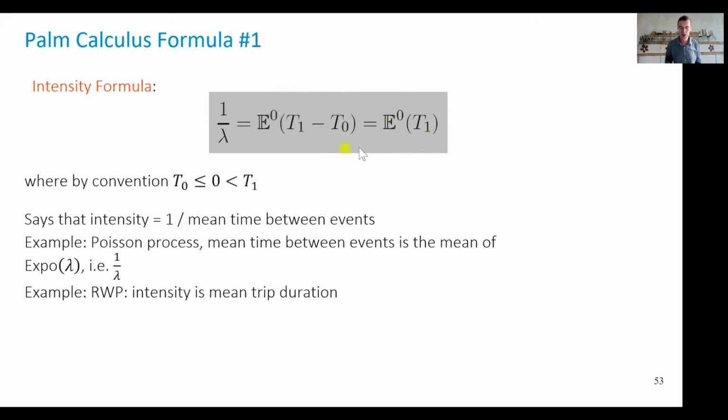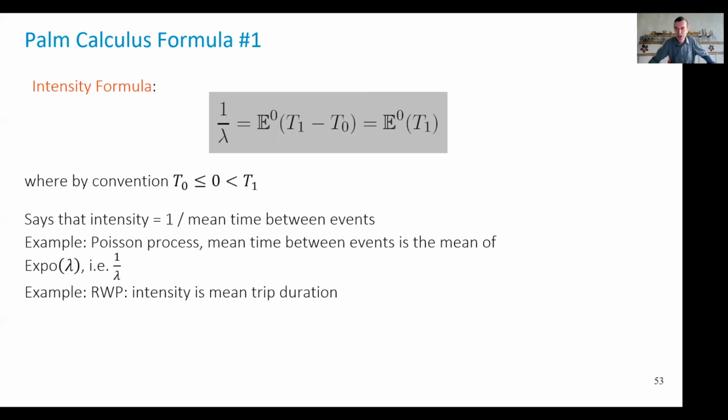Now the trick is that it is true for any stationary process within the framework that I give. If I have a stationary process, and I'm interested in special events that are derived from it, then the intensity, the rate at which such events occur, is 1 over the average time between two successive events. If we come back to the Poisson process, we know that the distribution of time between arrivals is exponentially distributed.